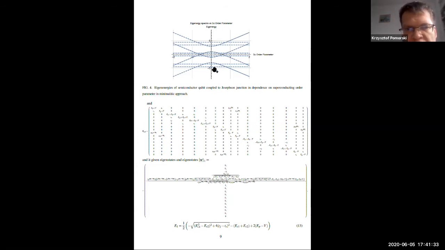And if you increase the strength of the superconducting order parameter, the ground states are exchanging. So this is again the signature of a possible quantum phase transition. So you can control quantum phase transition by geometrical distance, or by the superconducting order parameter.